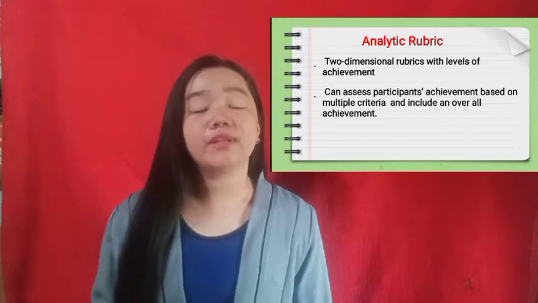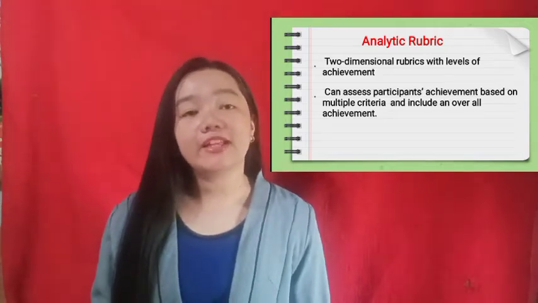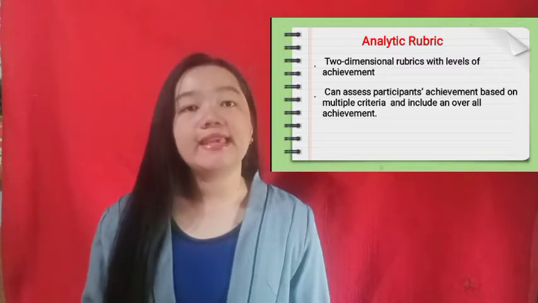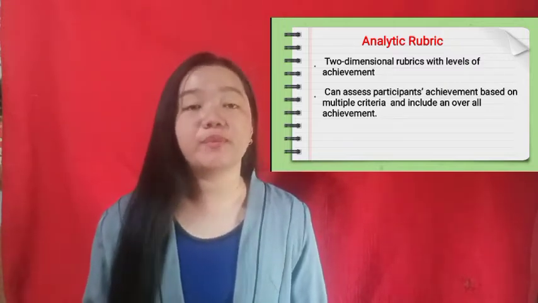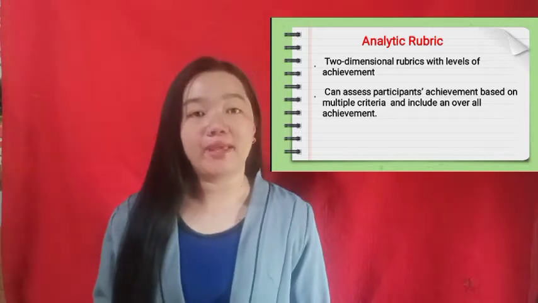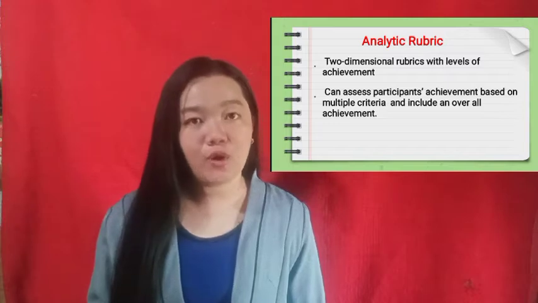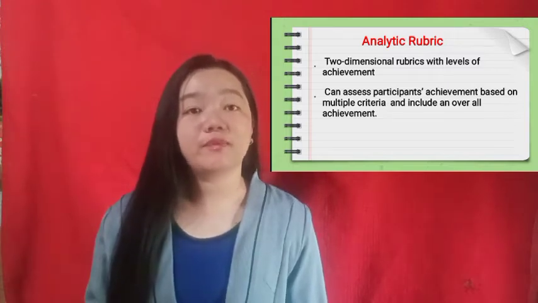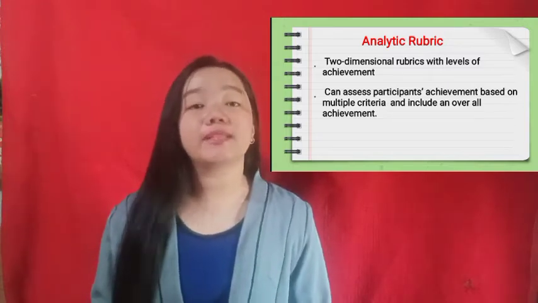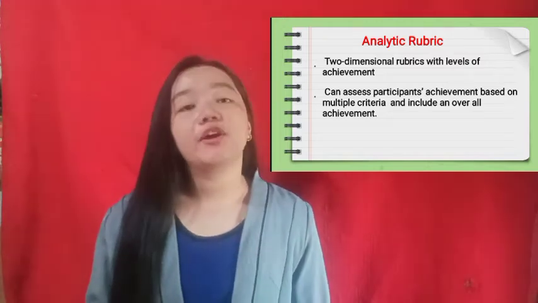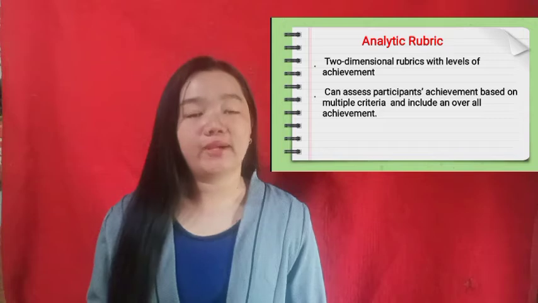So when scoring with an analytic rubric, each of the criteria is scored individually. It is a two-dimensional rubric with levels of achievement as columns and assessment criteria as rows. It allows the rater to assess participants' achievements based on multiple criteria using a single rubric.